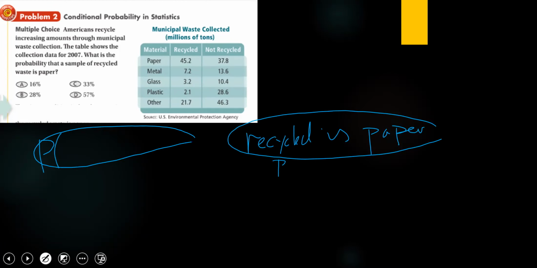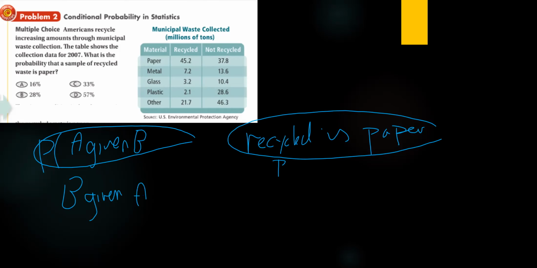as A given B, or B given A, or recycled is paper, like A happened, B will happen if A will happen.